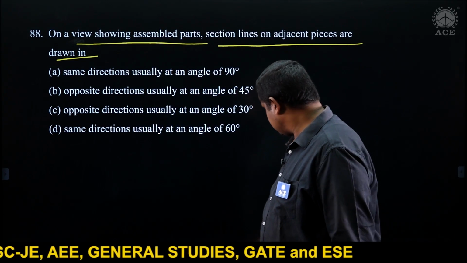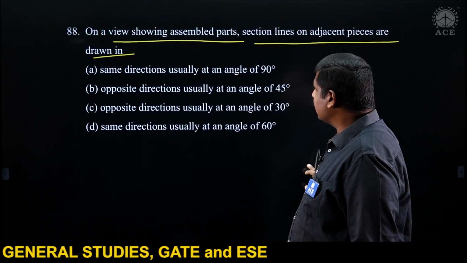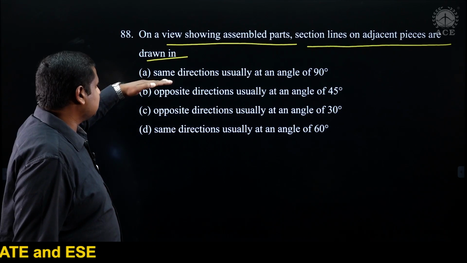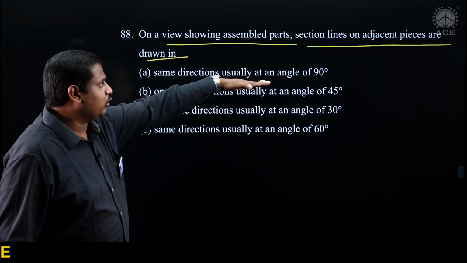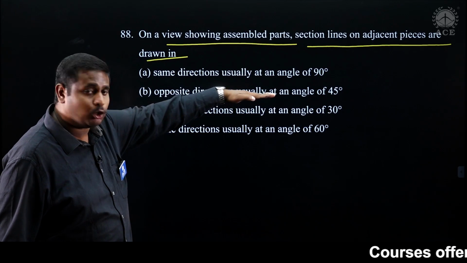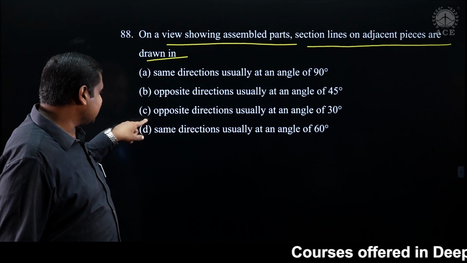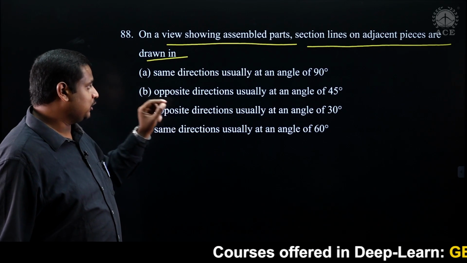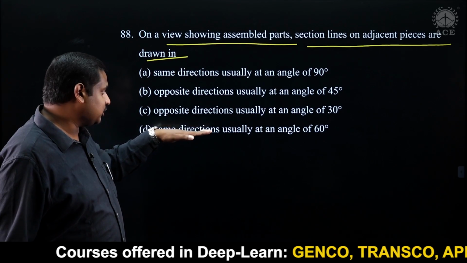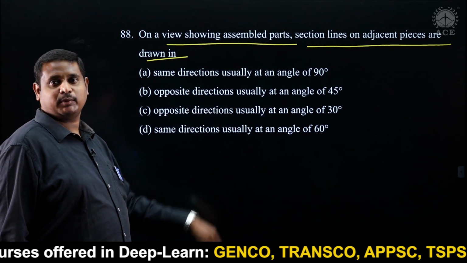Option A is same directions usually at an angle of 90 degrees. Option B, opposite directions usually at an angle of 45 degrees. Option C, opposite directions usually at an angle of 30 degrees. Option D, same directions usually at an angle of 60 degrees, my dears.